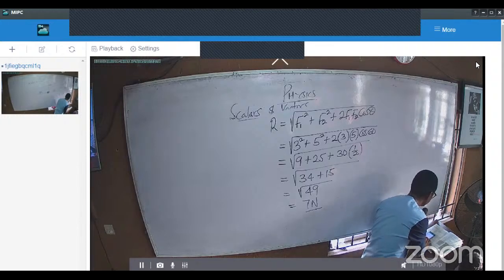Next question. Number 11, for you people that are downstairs, but we can still pick it up here. Which of the following is a vector quantity?